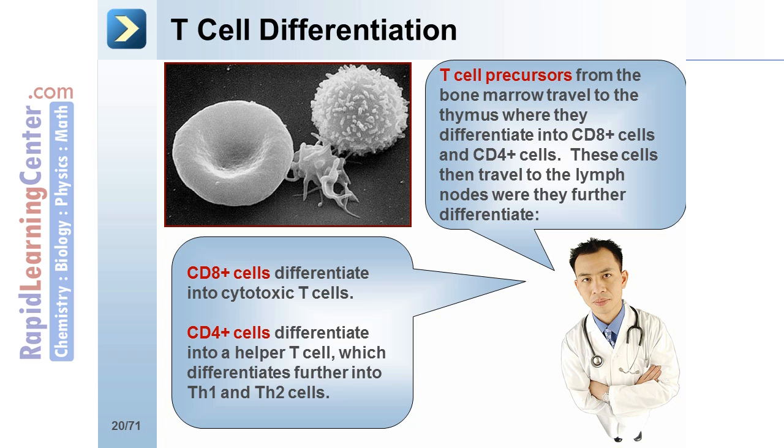CD8 plus cells differentiate to cytotoxic T cells, while CD4 plus cells differentiate to helper T cells. Helper T cells differentiate further into Th1 and Th2 cells.